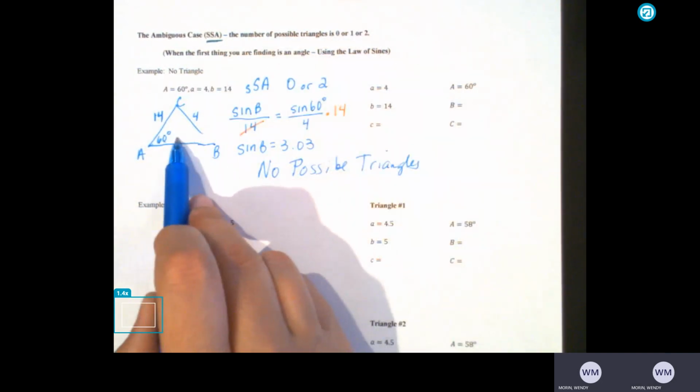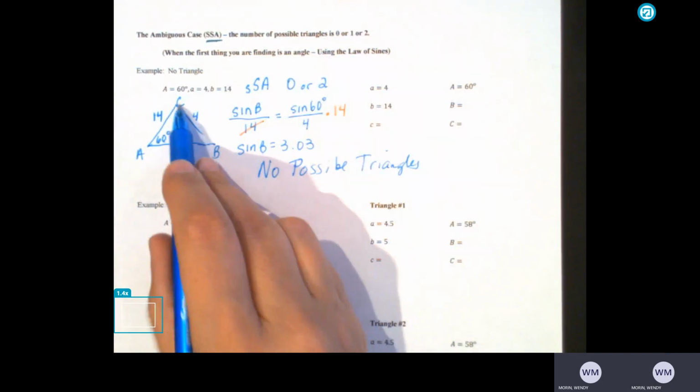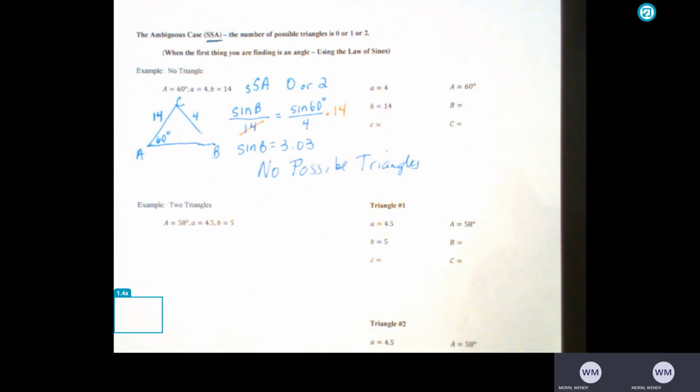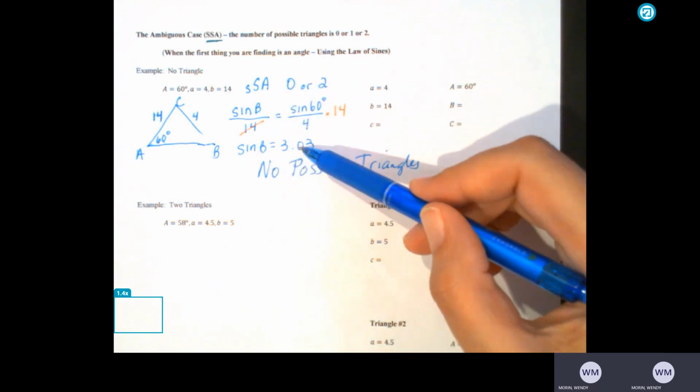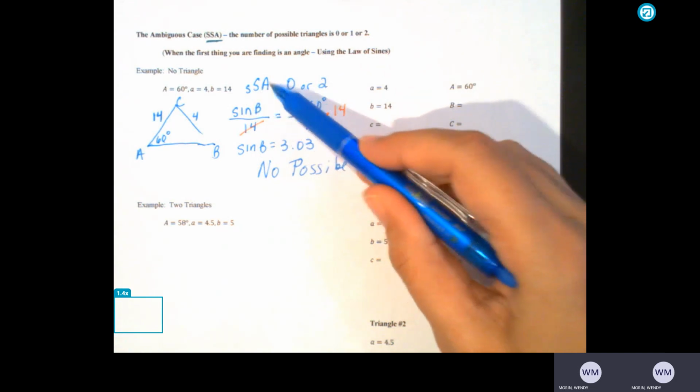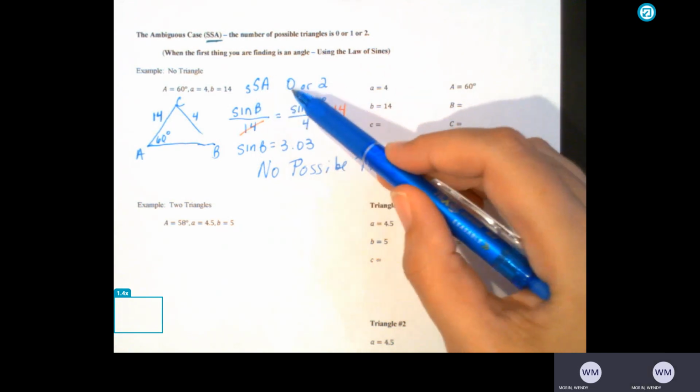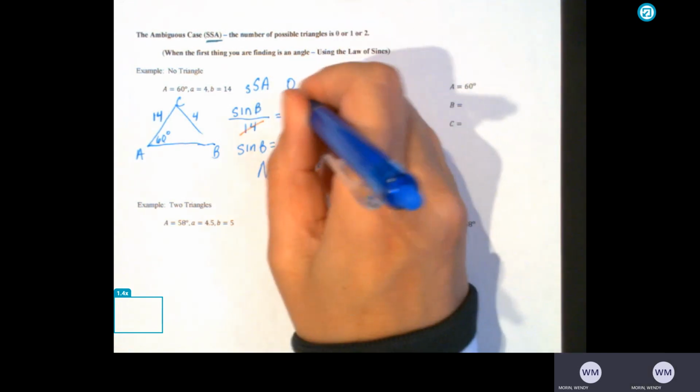I could keep moving it over this way. It's never going to be long enough to create a third side that's going to touch side C. So no possible triangles for that one. Anytime you get an error here with this given information, the answer is 0. No triangles.